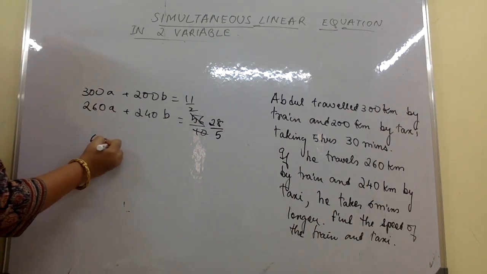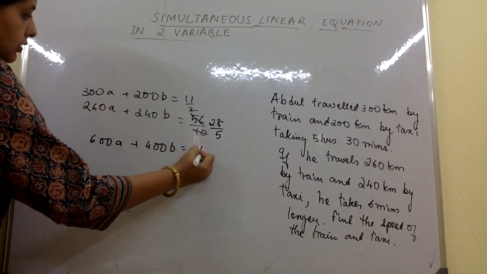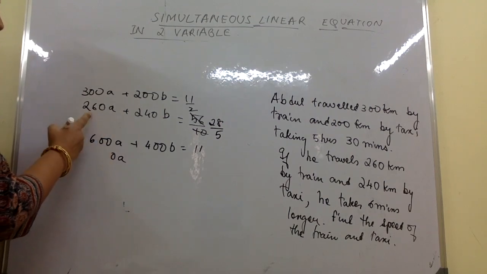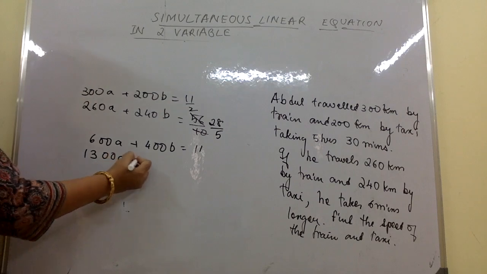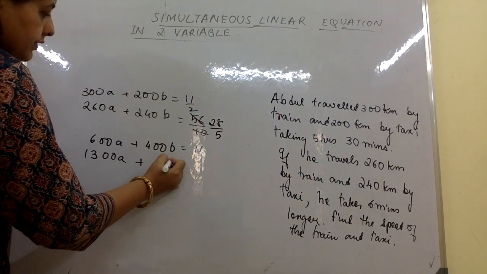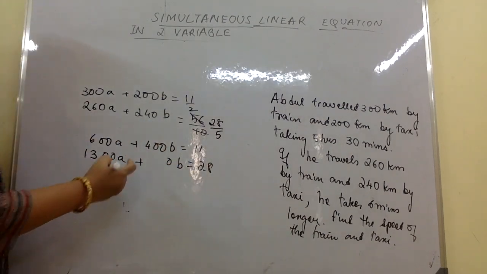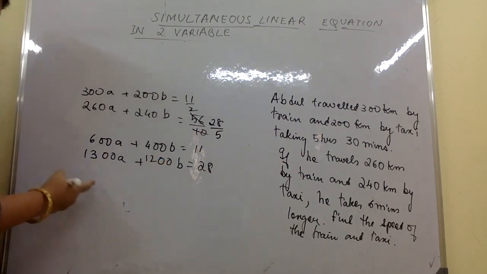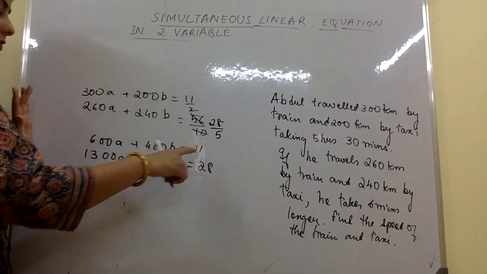I get 600a plus 400b is equal to 11, and then this into 5 is 0, a, this is 33, plus 24 into 5 is how much? This is 28, 24 into 5. Okay, so this is my equation when I take this 5 and multiply here.